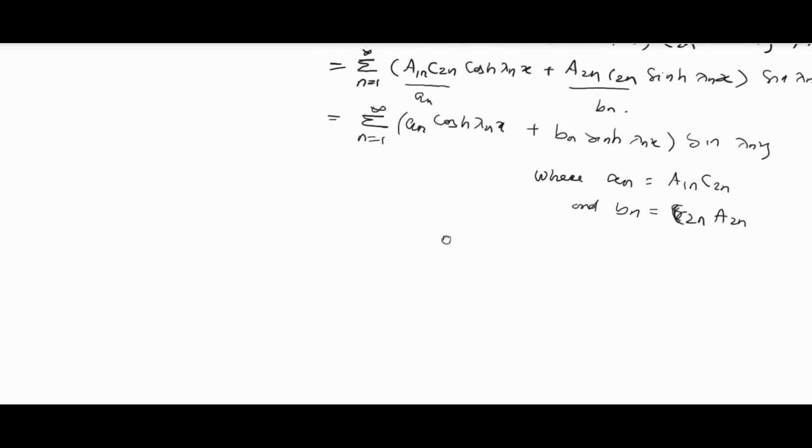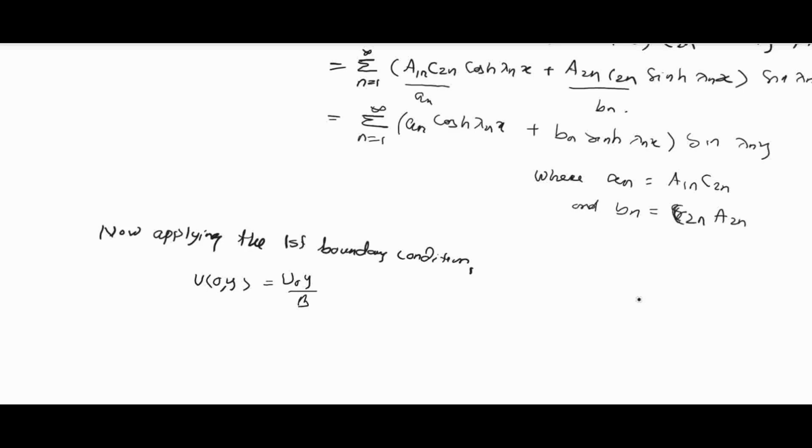Now applying the first boundary condition, what you will get? u0 y is equal to u0 y by b. That means when x is equal to 0, let us use this function, this value, here in this equation. So what you will get here?